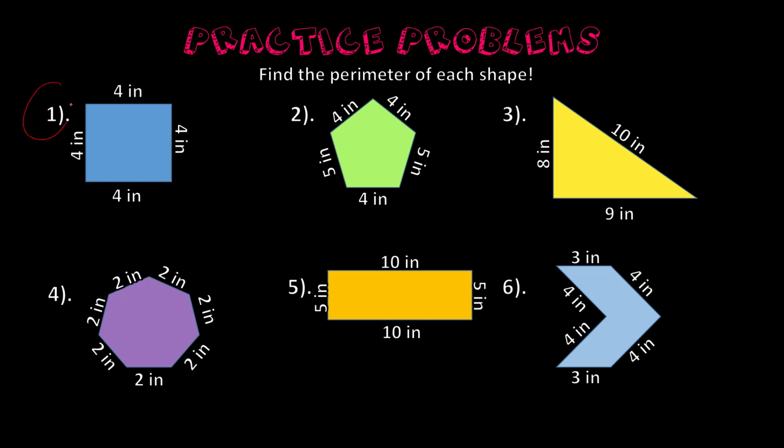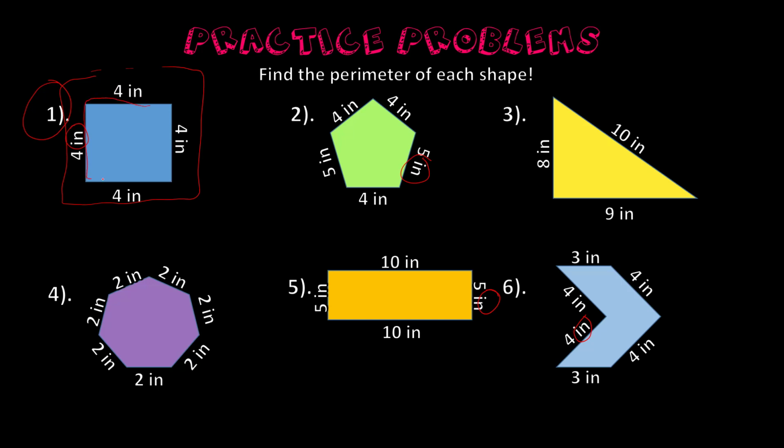So when I write down number 1, I'm going to draw my square, and I'm going to write that each side is 4 inches. And they're all inches this time. I just left it all the same. So the unit for each shape is inches. All right, now we have 4 4s. So we can think of the perimeter.